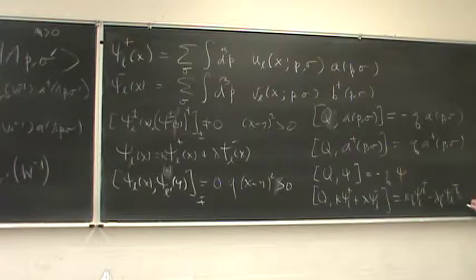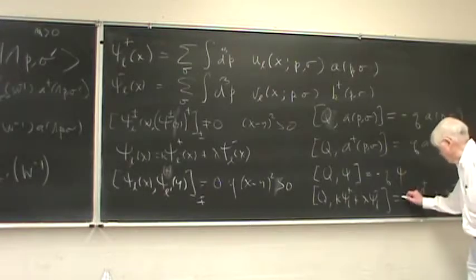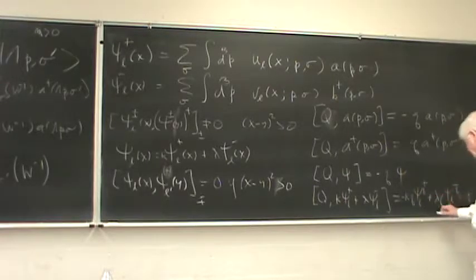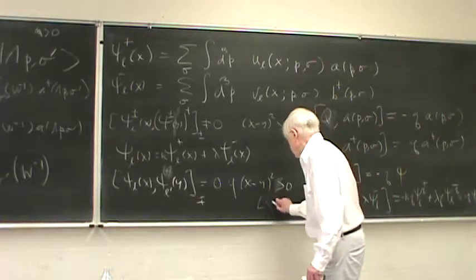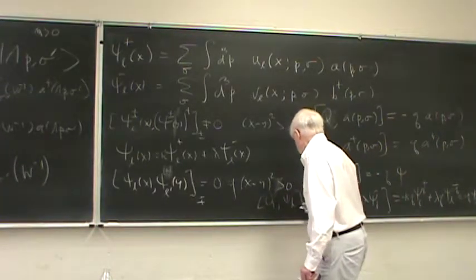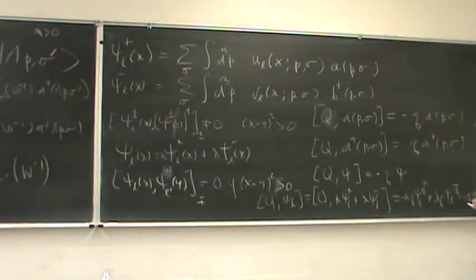And then this will be minus q, or wait a minute, I got it wrong. This is a minus and that's a plus. And if we want this to be minus q psi L, this being q psi L, we want that to be minus q psi L so that the field lowers the charge of the state by q.